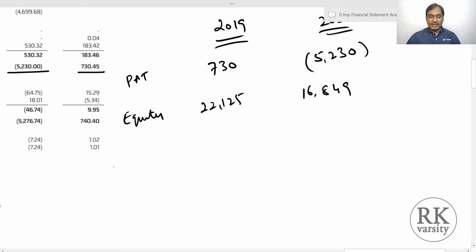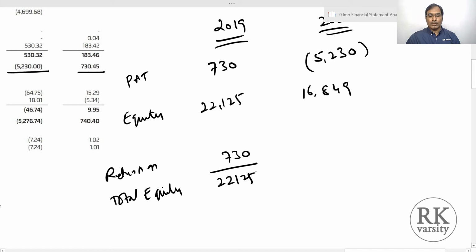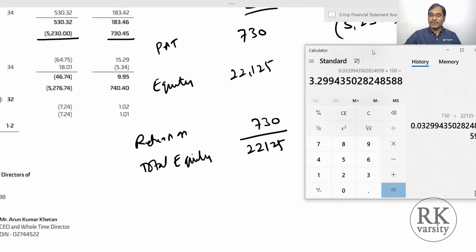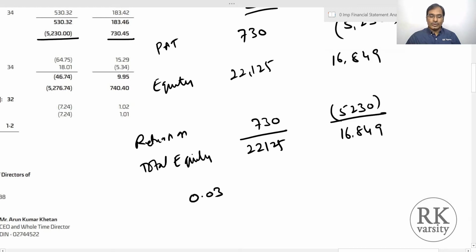Now based on this we calculate our return on total equity. This equals 730 upon 22,125, and the loss of 5,230 upon 16,849. 730 upon 22,125, multiplied by 100 to get the percentage, gives 3.29%, or 0.03.